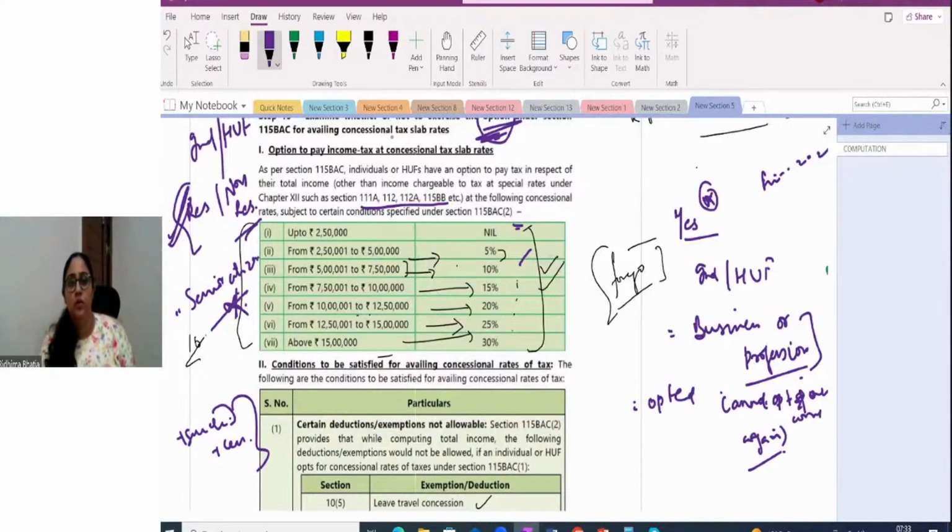Okay, we will do questions, do not worry. 80CCD deduction also is not allowed, Khojma. Only 80JJAA and 80CCD subsection 2.